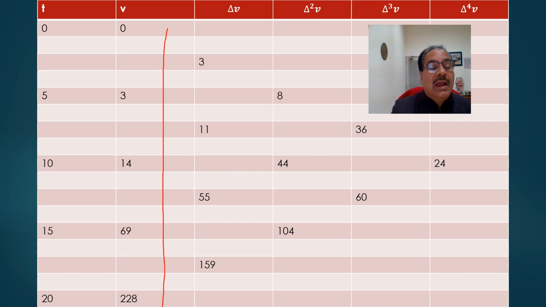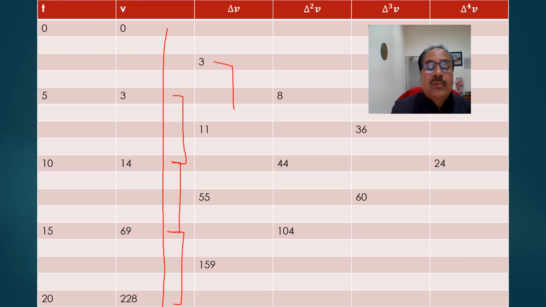So now with the help of this, using the forward operator del v, you can find out: here 14 minus 3 is 11. Now here you can find out 69 minus 14, that is from here to here, you will find 55. And then from here to here, that is 159.